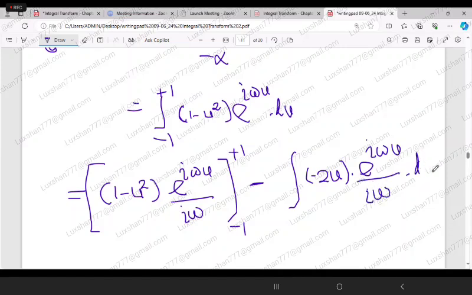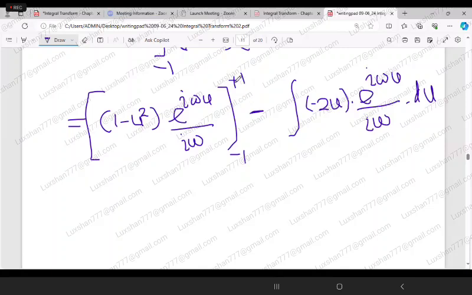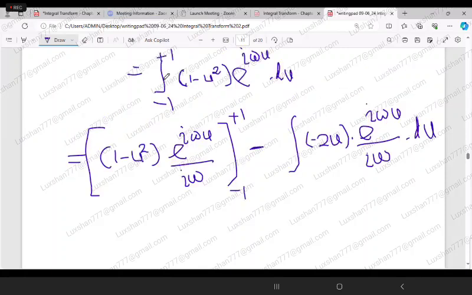But actually, if you put +1, this becomes 0. Even if you put -1, this part becomes 0, isn't it? If you substitute u equal +1, 1 minus u squared is 0. Even if you put -1 here, this part is 0.